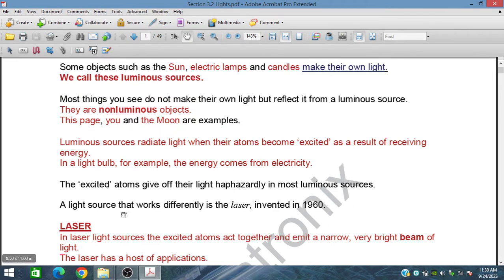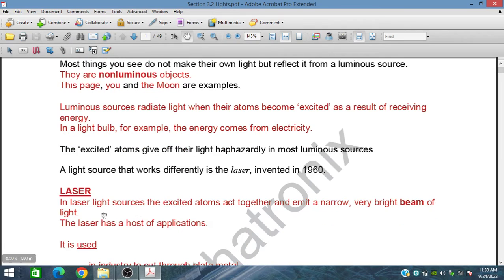The light source that works differently is the laser. Laser stands for light amplification by stimulated emission of radiation, and it was invented in the 1960s. In a laser light source, the excited atoms act together.